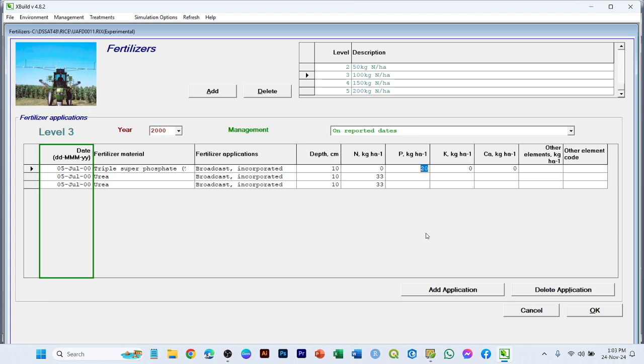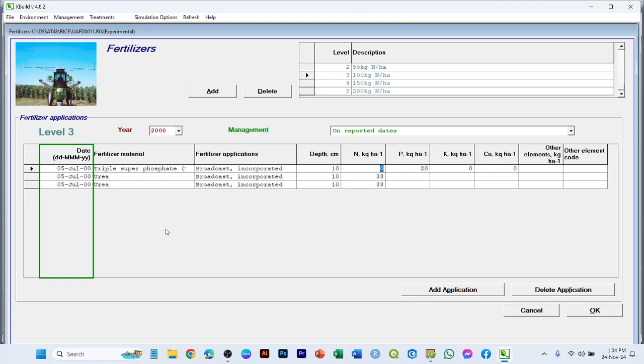Phosphorus, yes, with the same date. And because we broadcast, the depth of application you can change as well.